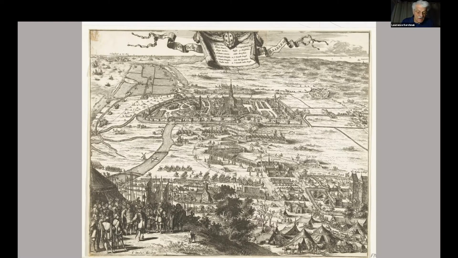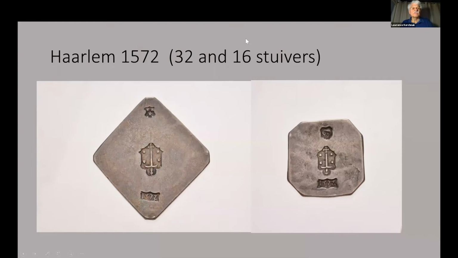Those who were spared were shown mercy only because they agreed to pay a fine of 250,000 guilders, a sizable sum at that time, even by today's standards. And this was considered the last and most costly victory. 30 to 40,000 people died in this particular siege, I believe, is my recollection. And they produced a number of coins, most notably looking like this. This is a 32 and a 16 stiver.